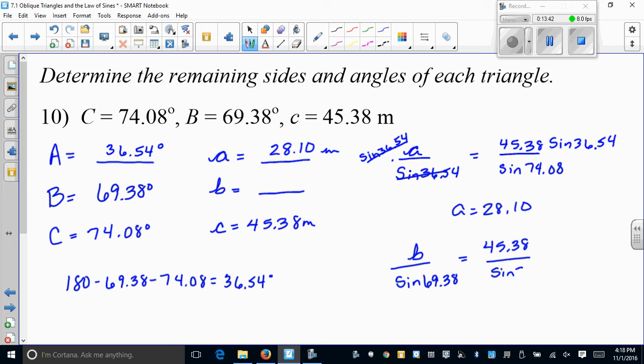Multiply both sides by sine of 69.38. These cancel out, and you're left with just B. Plug that into the calculator, and we get B to equal 44.17.